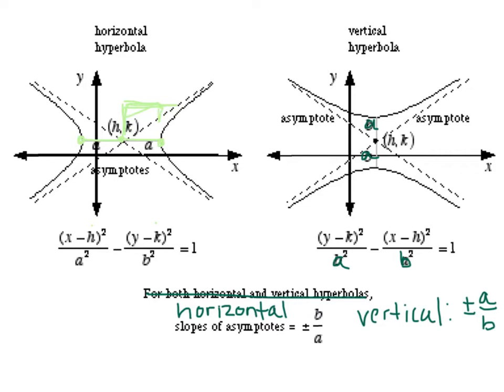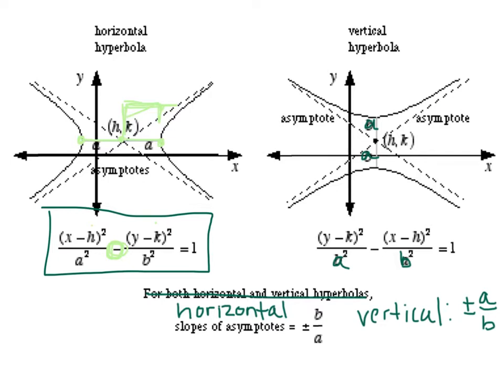Rise B, run A. So if you look at this, the equation for horizontal hyperbola, x minus h squared over a squared minus y minus k squared over b squared equals 1. The only difference between the horizontal ellipse equation and this one is this minus right here. Hyperbolas always have a minus, not a plus.